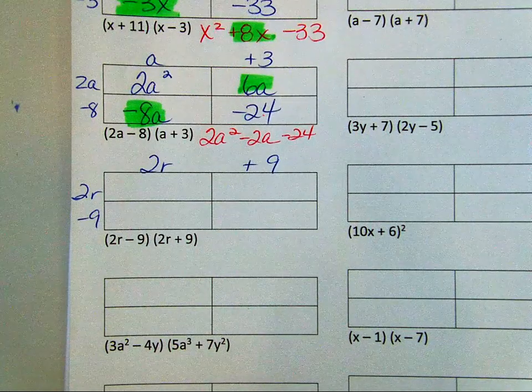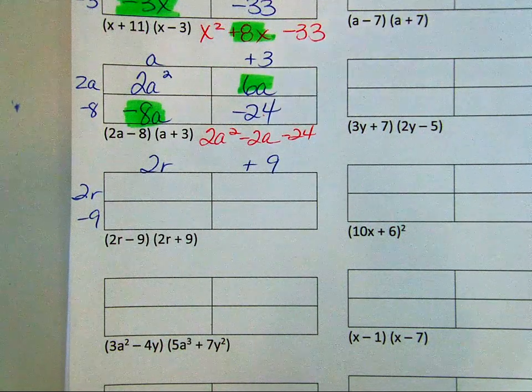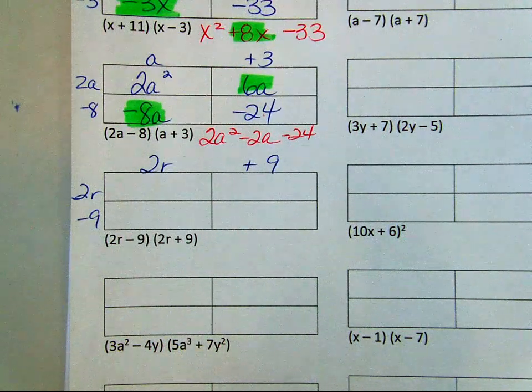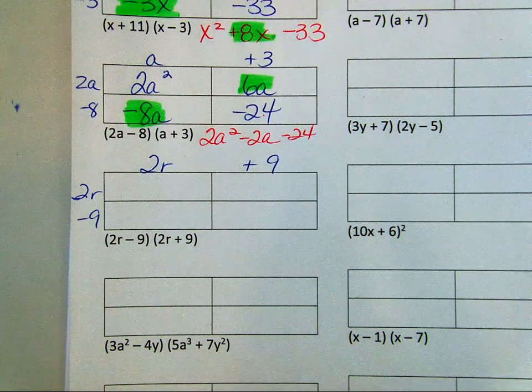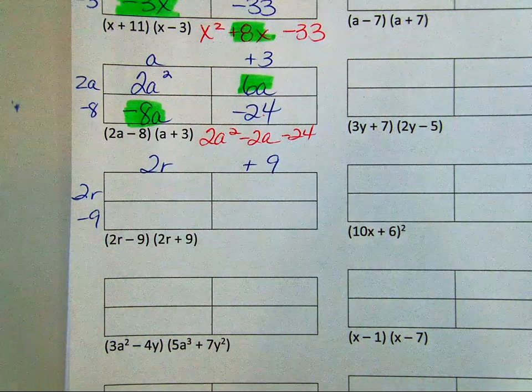Are you noticing what's going to happen with those middle terms? Yeah, they cancel out because you're going to have a negative 18r and a positive 18r. So think about how you write your answer.